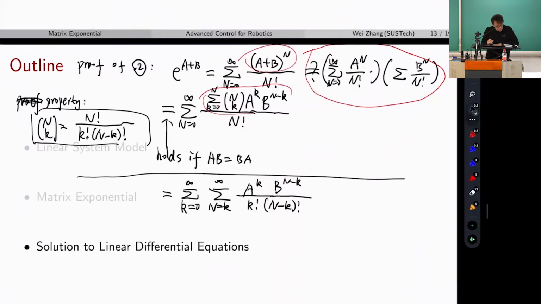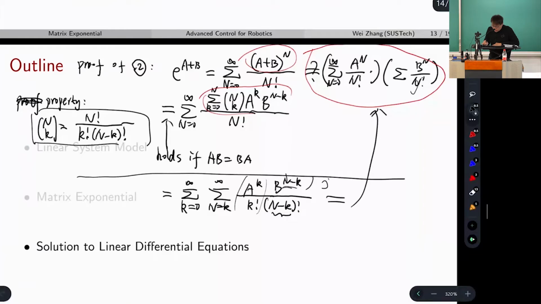Okay, if you just redefine the variables, that gives you the answer here. If you redefine the summation index, because you can call n minus k, j, right? So that can be factored out. Because you can call this j, then this is j factorial.